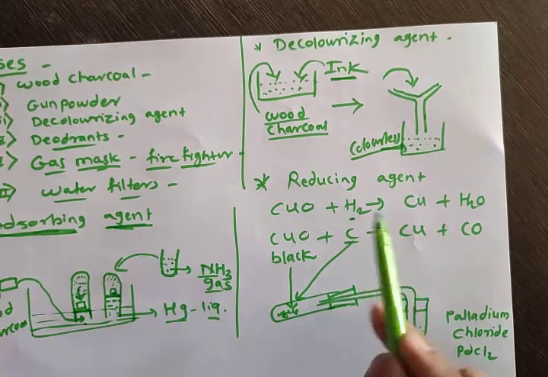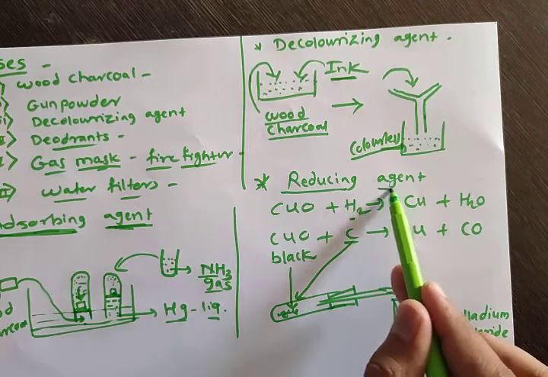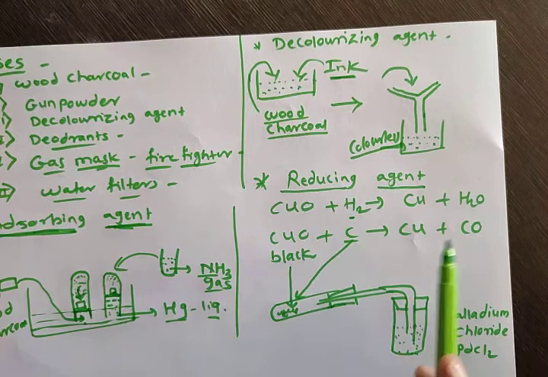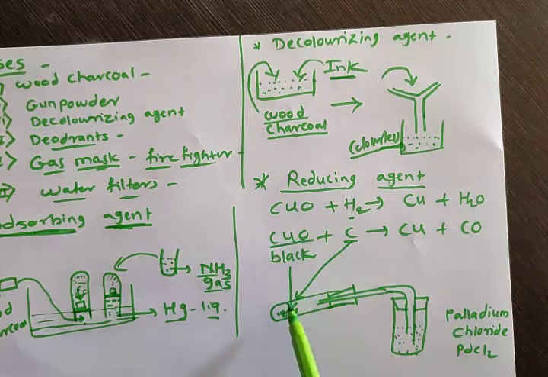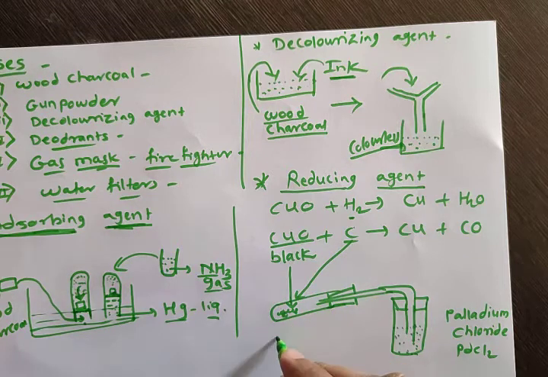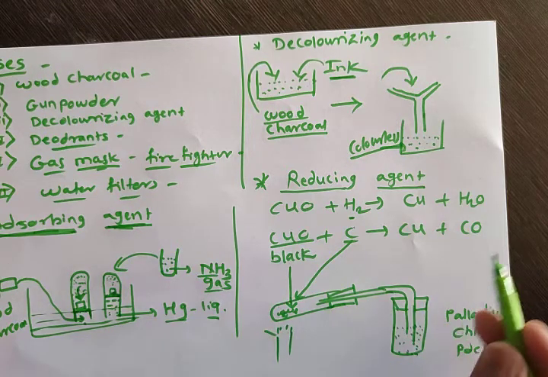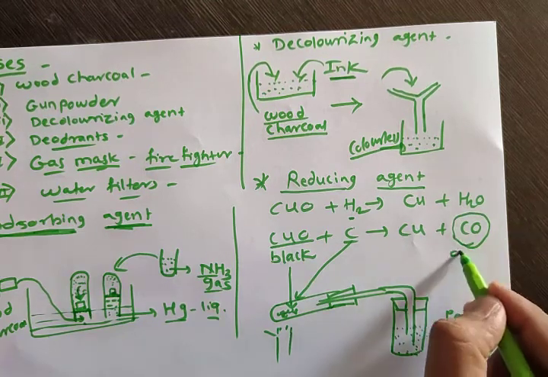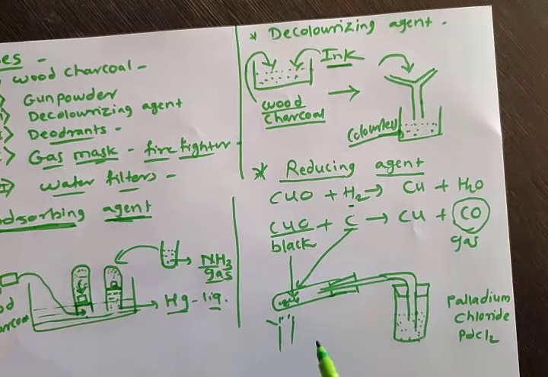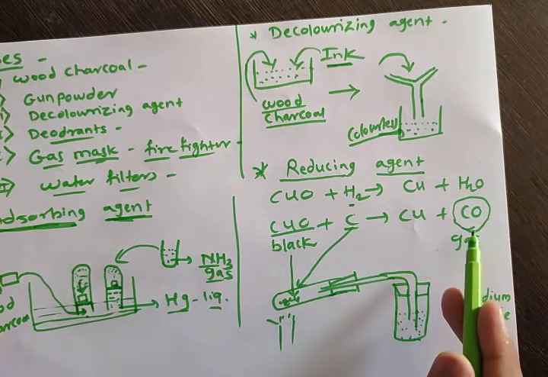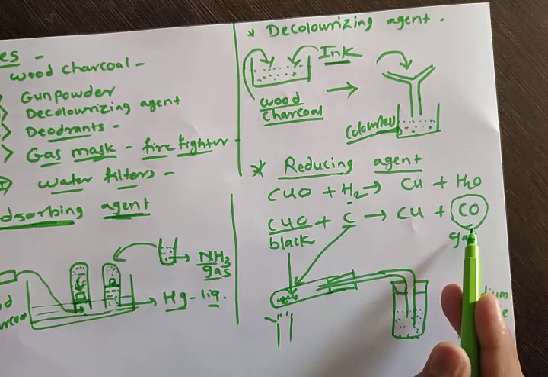So what is the purpose of this experiment? We want to see whether this wood charcoal is a reducing agent or not. We have taken this black copper oxide, and wood charcoal is mixed here. Then we will heat it. Carbon monoxide, a gas, should be produced here, but we cannot see carbon monoxide with our naked eyes.